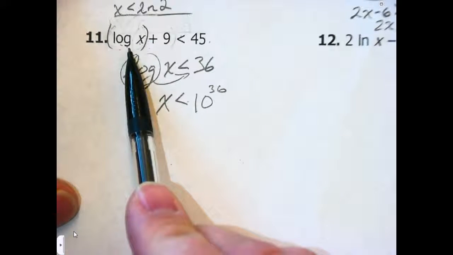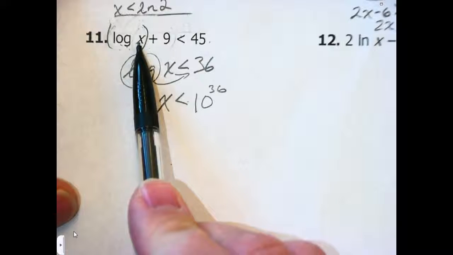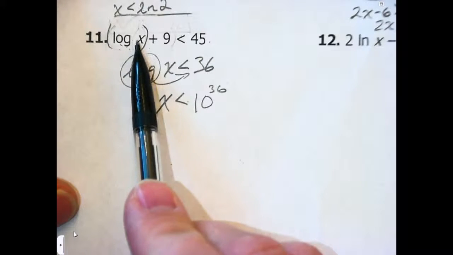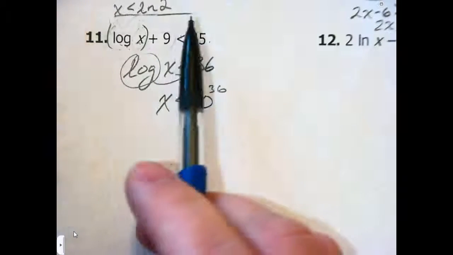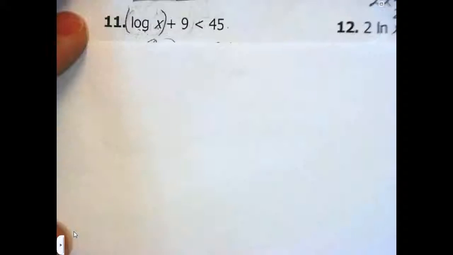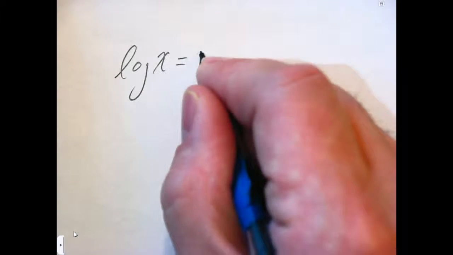Can this be 0? Can that be negative? Okay, let's make it a little more clear. Let's just take the log of x. Log of x, what is that? Let's write it in exponential form. That's 10 to the... Okay, let's do this.